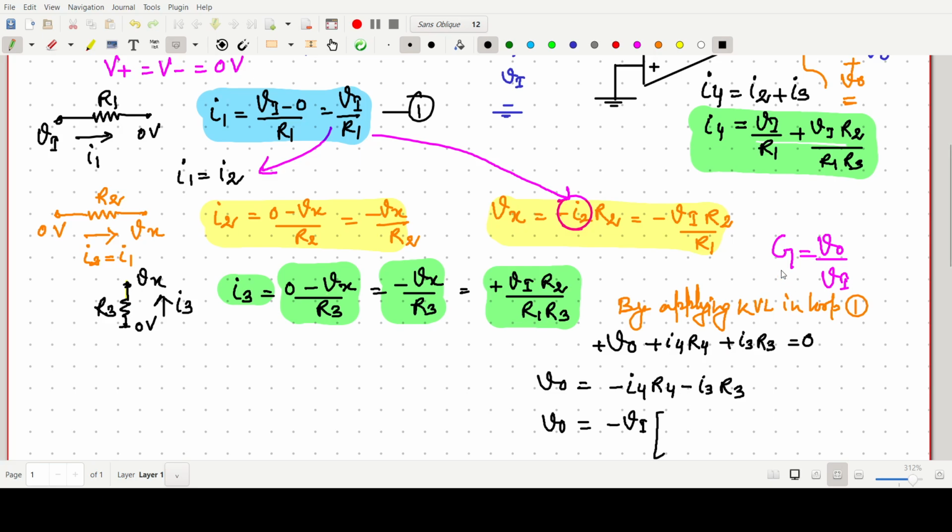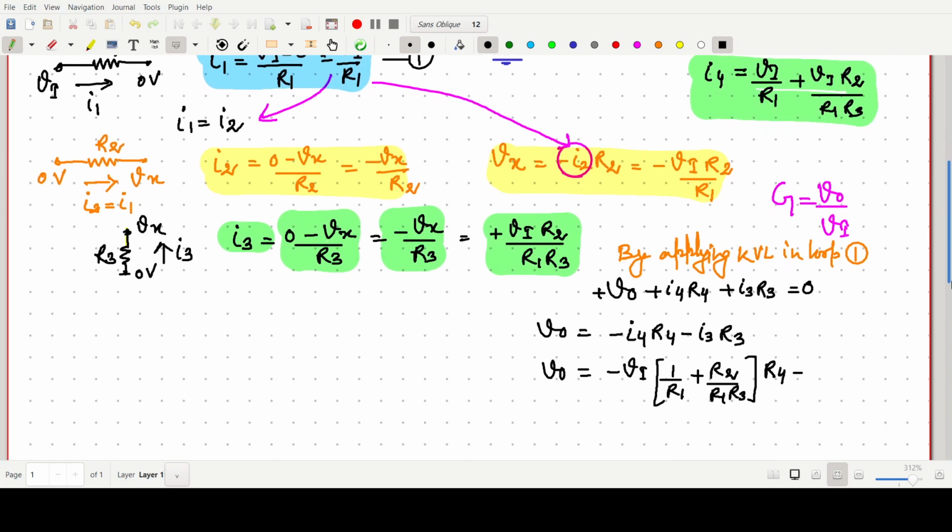So first write 1 by R1 plus R2 by R1 R3, into R4, minus I3. I3 we have already found, so minus Vi R2 by R1 R3 into R3.